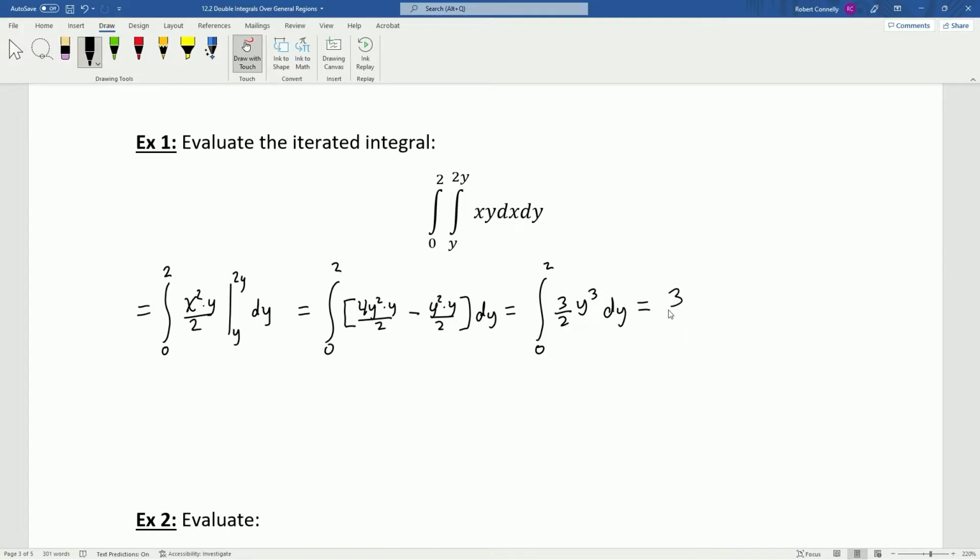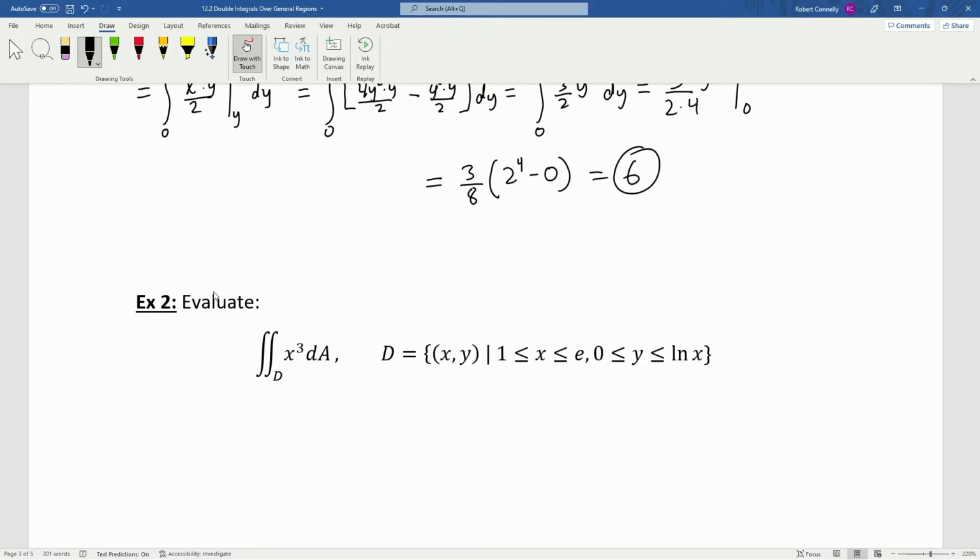So now this gives us 3/2 times y to the 4th power divided by 4, evaluated from 0 to 2. So that's 3/8 times 2 to the 4th minus 0. So 2 to the 4th is 2, 4, 8, 16. Divided by 8 is 2. 2 times 3 is 6. Done. So these aren't too bad. The only difference is that our inner bounds here are going to be functions instead of just numbers.